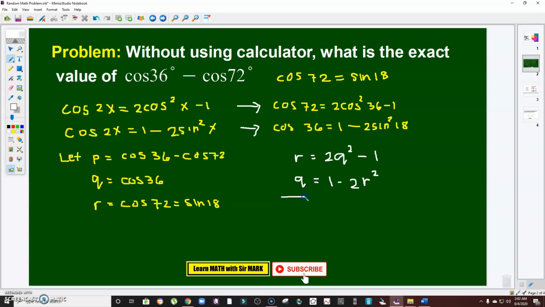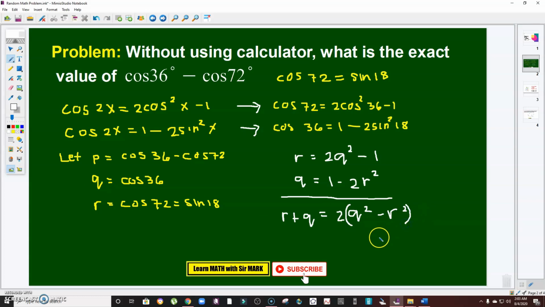So if I add the two equations, I have r plus q equals, and the 1 cancels, since we add positive 1 and negative 1. What will be left is 2q squared minus 2r squared. Let me factor out the 2 right away.